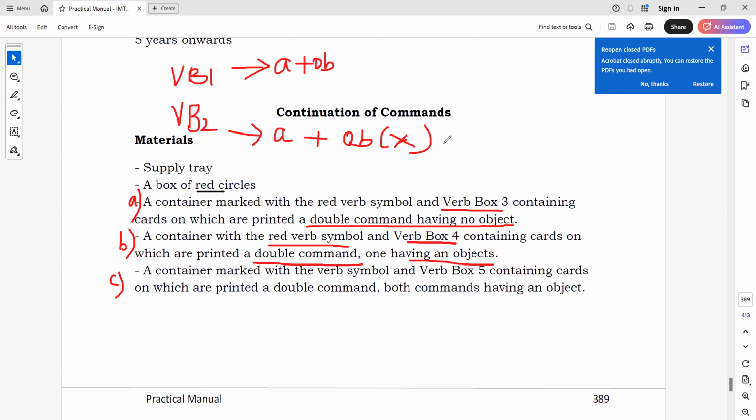Verb box 3, two actions, one object. Verb box 4, two actions, one object. Verb box 5, two actions, and both commands will each have an object. So that means every object will be related to one action. For example, Seema cooks, Sangeeta eats.